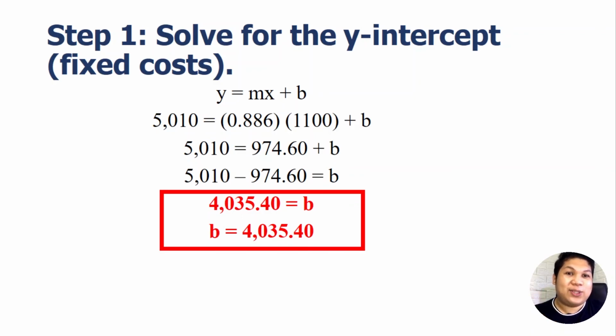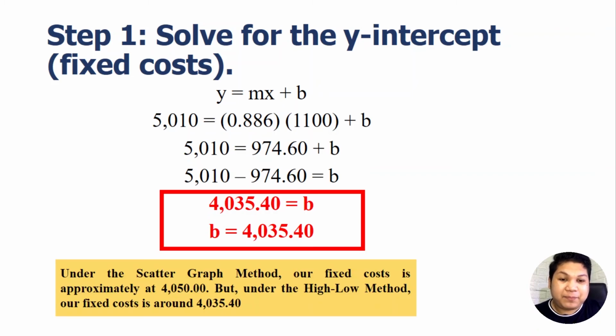Therefore, it also has its own limitations because it ignored the other values given. So under the scatter graph method, our fixed cost is approximately 4,100, but under the high-low method, our fixed cost is around 4,035.40. So, somewhat close, but not really close.